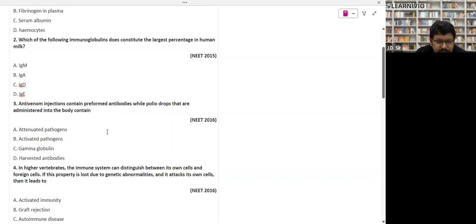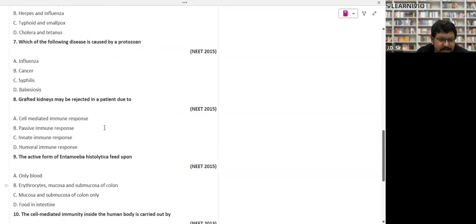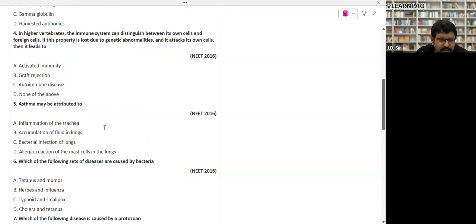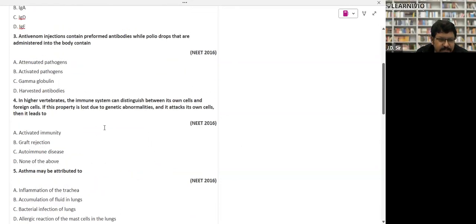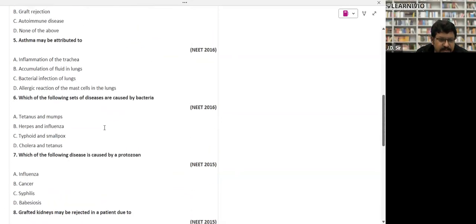Which is the answer? I'm not sure, but I think it's C or A. B or A? I think it should be A. What is the question number? Third. Yes, A is the answer.